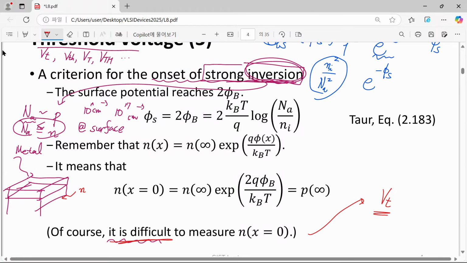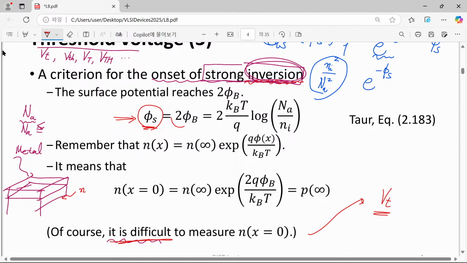And once again, since this is related to the inversion, what we want to have at threshold voltage is simply given as this one. Our band bending is now 2 times the substrate potential. So please note that, let's say this is our deep substrate.